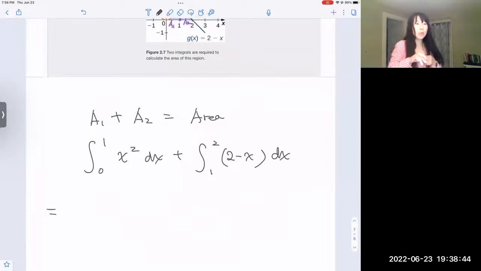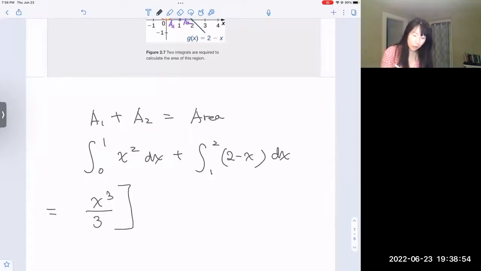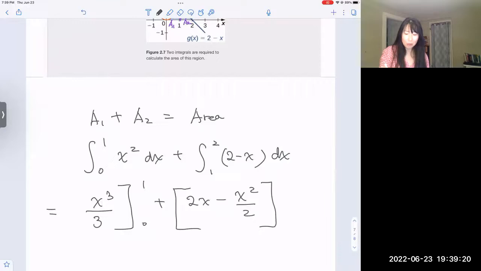Now x squared, what do you have? X to the third divided by 3. Very good. And then we evaluate from 0 to 1. Now we antiderivative 2, what do you have? 2x. And minus x to the second power over 2, very good, from 1 to 2.